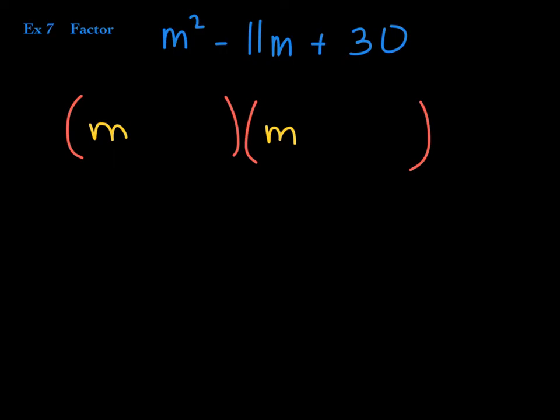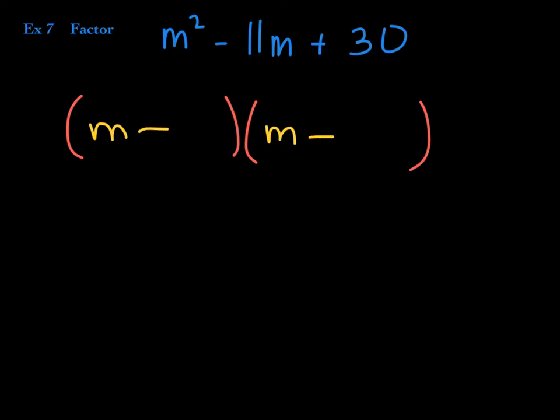The only way you're going to get a positive product is if the signs are the same: a positive times a positive gives me a positive, or a negative times a negative gives me a positive. So which is it? Both positive or both negative? Well, look at your middle coefficient. It's negative. That tells me that this is negative and negative.